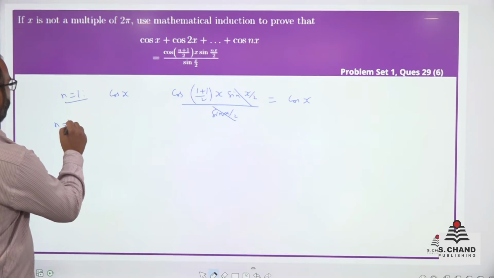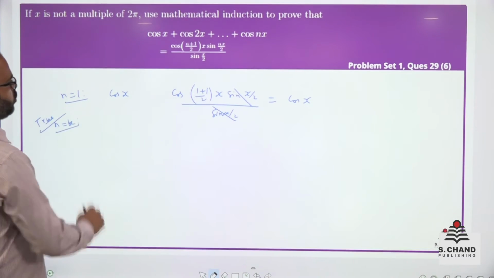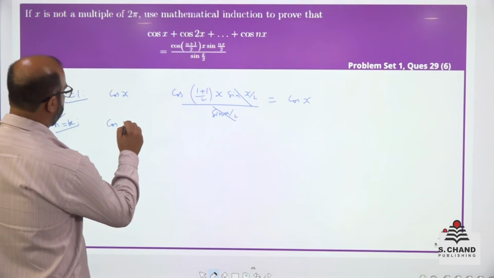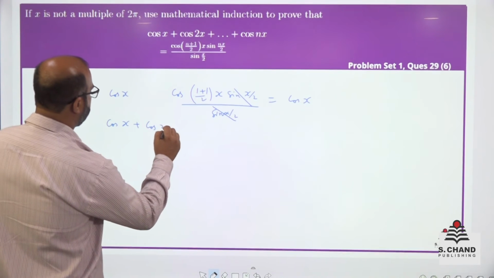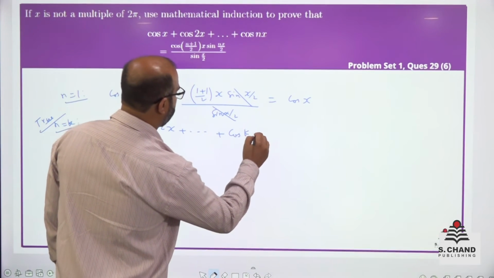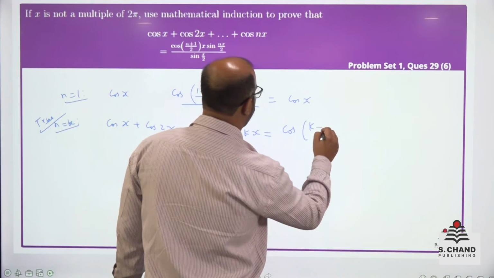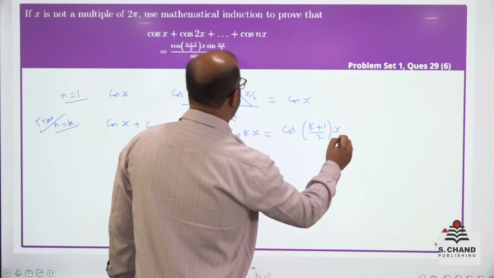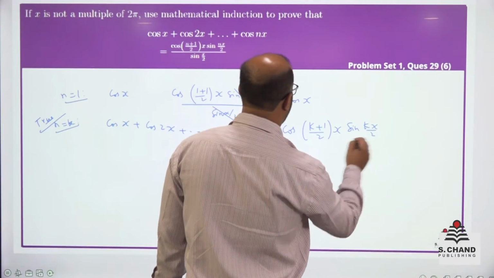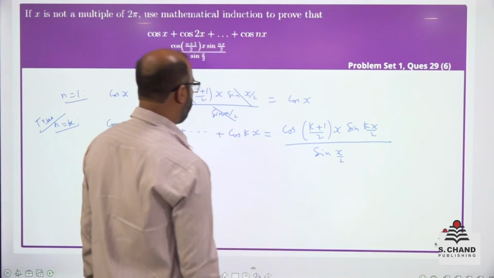For n is equal to k, we assume it to be true. In that case, cos x plus cos 2x and so on till cos kx is equal to cos of ((k plus 1) by 2)x into sin(kx by 2) upon sin(x by 2).